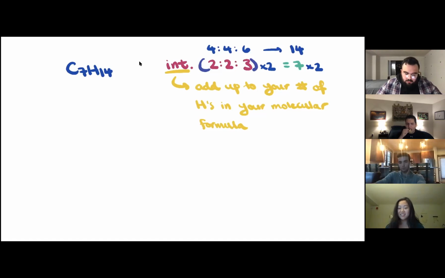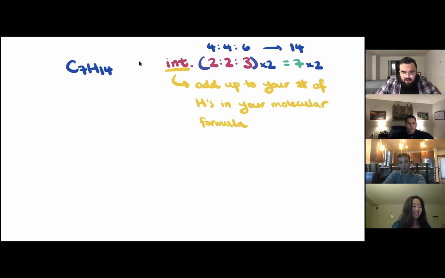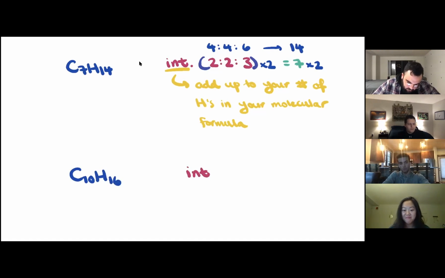Another example, just to see that it doesn't necessarily have to be just by 2: let's say I have a molecular formula of C10H16, and my integrations are just 1 to 1. If you see 1 and 1 there, you're going to see that those add up to 2.